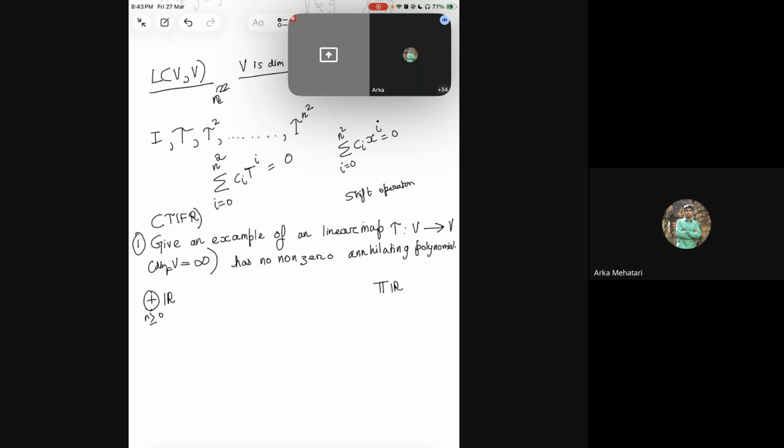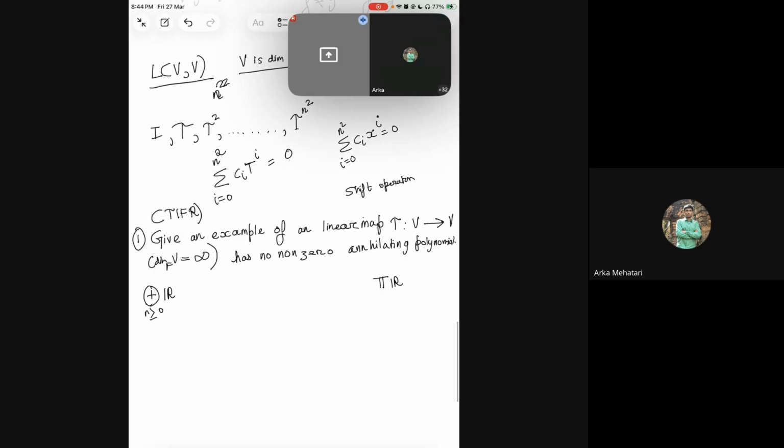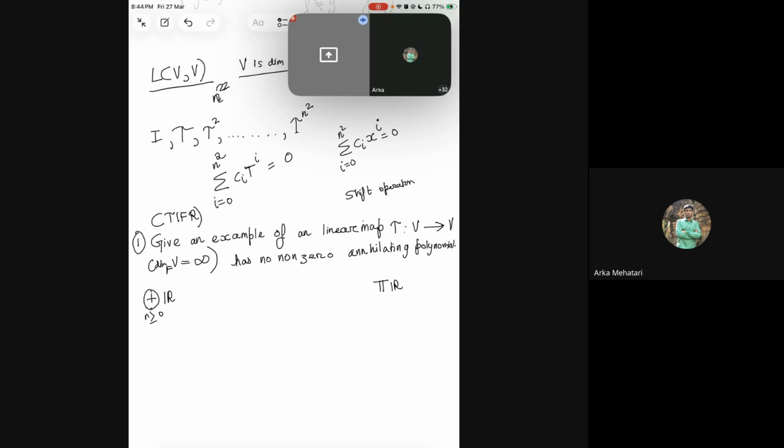Suppose some element is from the direct sum, you can express it as a sum of the individual elements from the vector spaces. I get what you're saying, but you are saying that it can be written as a finite sum of elements of each of these, uniquely. Yes, but that follows from the definition. All these are later stuff. The definition is not this.